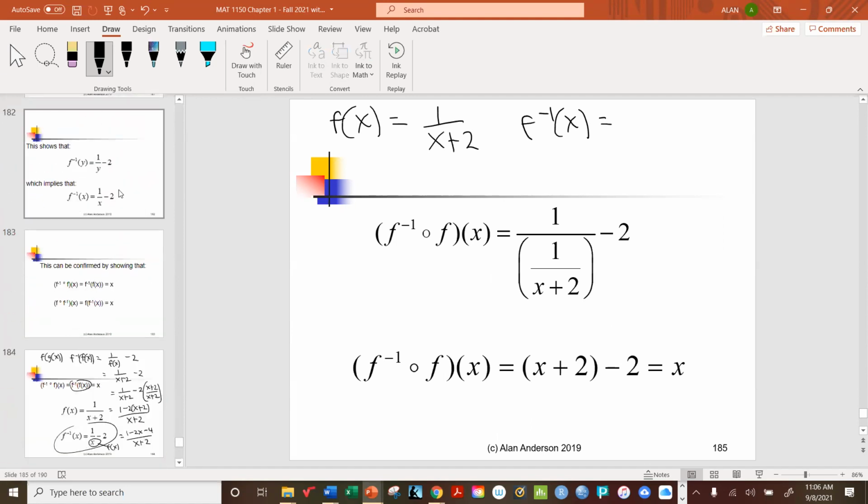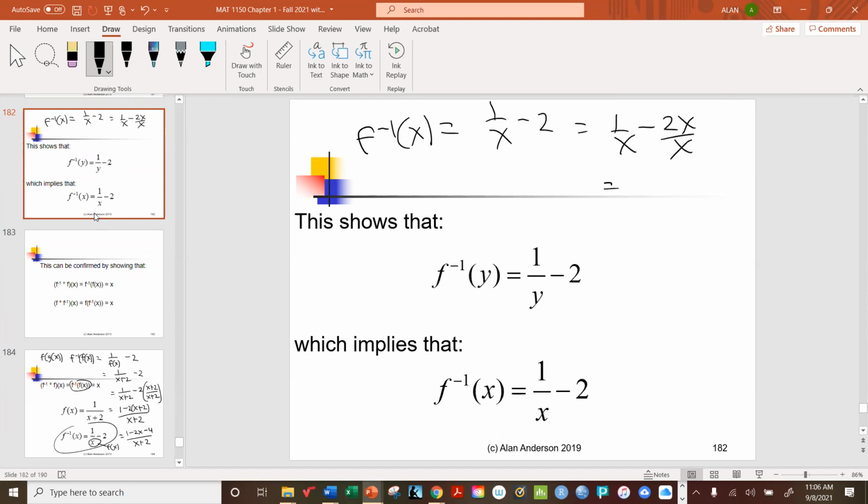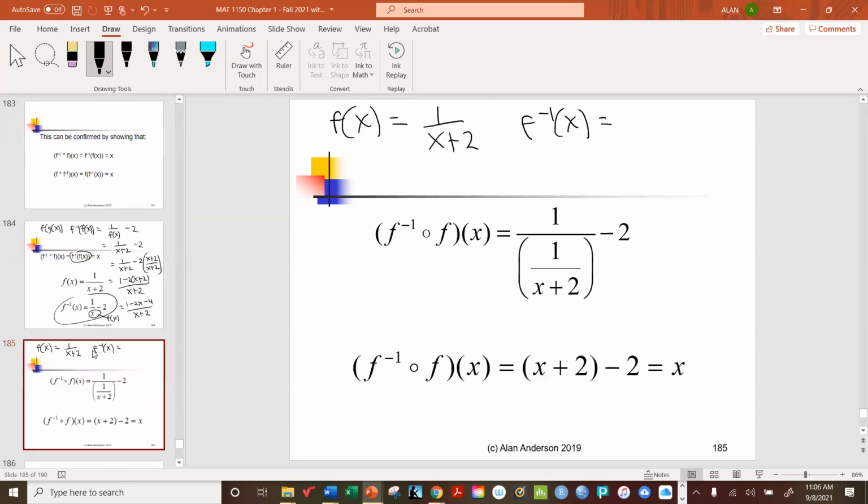Let's do this. The inverse is 1 over x minus 2, but why don't we simplify it right here? That'll probably save us some grief. 1 over x minus 2x over x. I think that would be easier to work with than this. So let's make a note of that. 1 minus 2x over x.